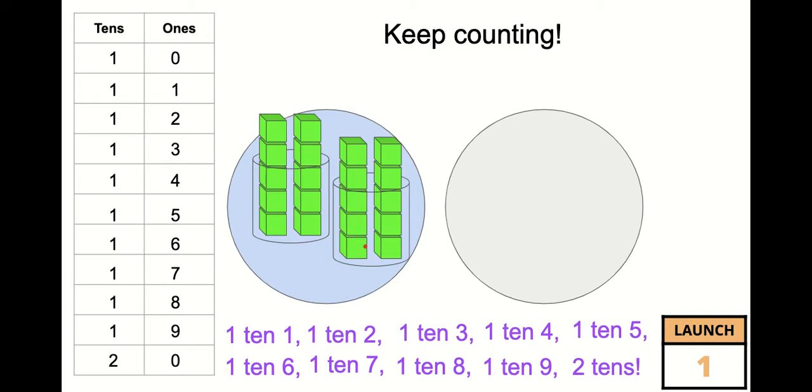What's another way we could count this? If we weren't counting by tens, using the say the 10 way method, what would come after 10?